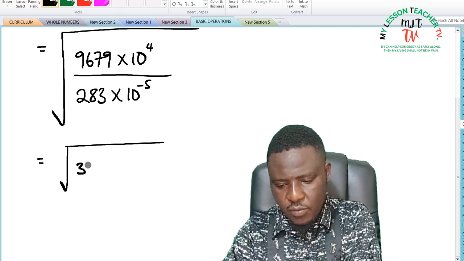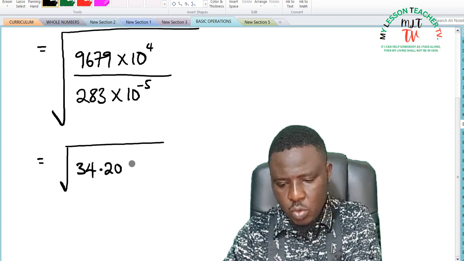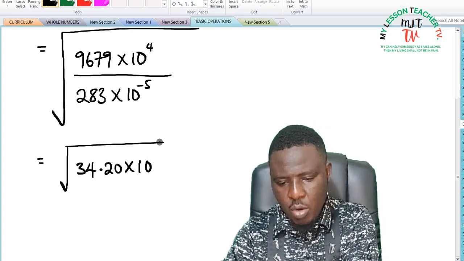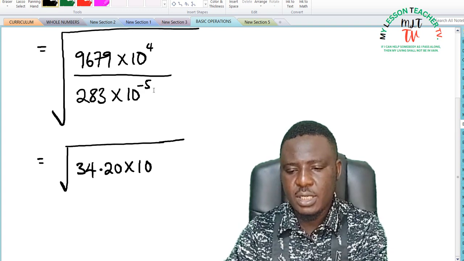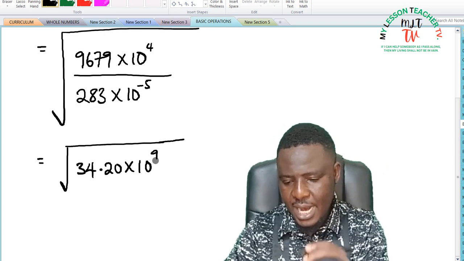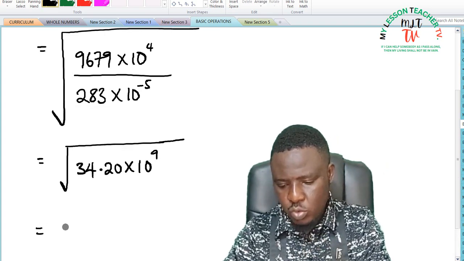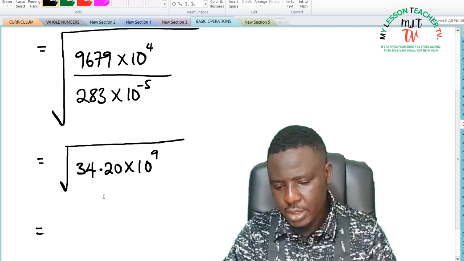This is equal to 34.20 times 10 raised to the power of, this is 4 minus 5. That means 4 plus 5, and that gives me 9. This is equal to, you then look for the square root of 34.2.